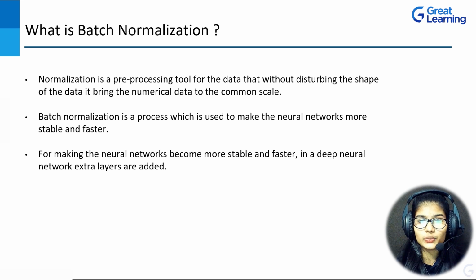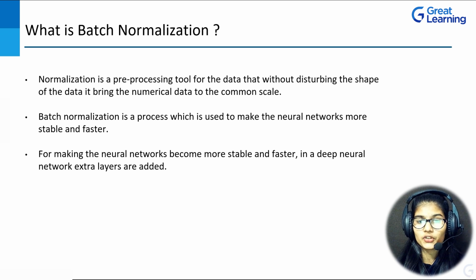It's a sort of tool that changes numerical data to a common scale without disturbing the shape of the data, right? This is what is meant by normalization. Batch normalization is a process used for making neural networks more stable and faster.